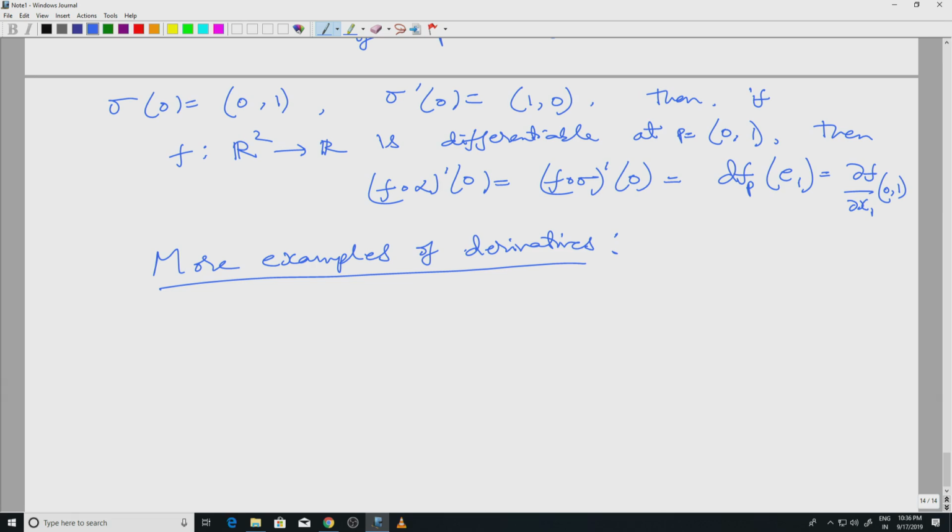First, let's look at this set. Let Mn(R) be the set of n cross n matrices.